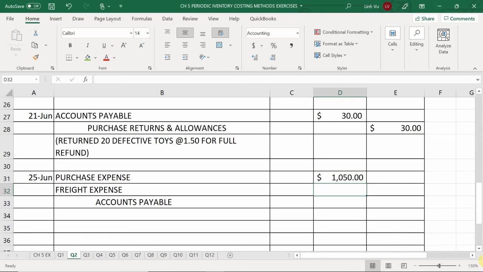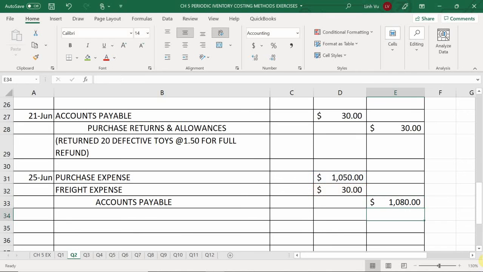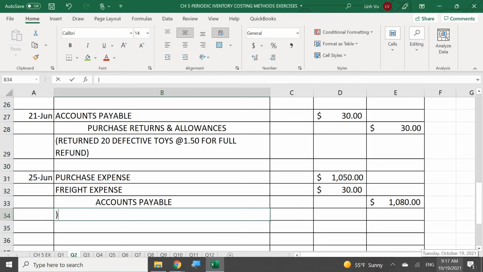And then I got a freight expense of $30. So what's my grand total here? 1080. Okay. So then I'm going to make my note here that I purchased 600 toys at $1.75 each. Okay.